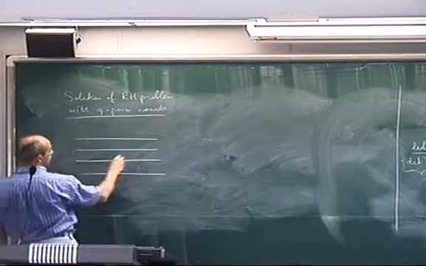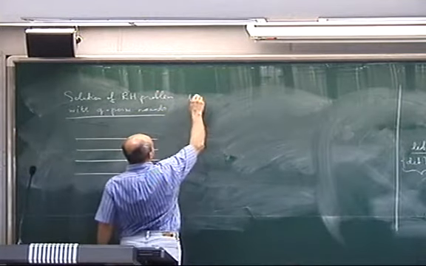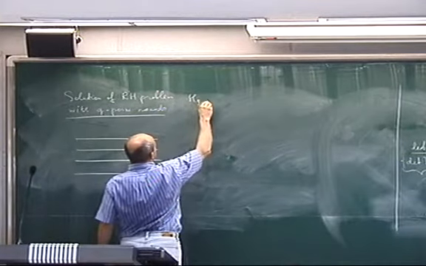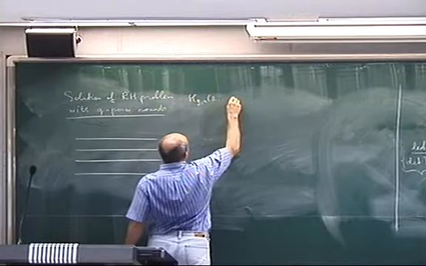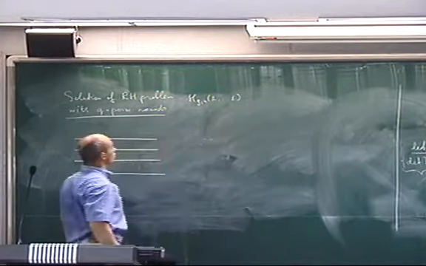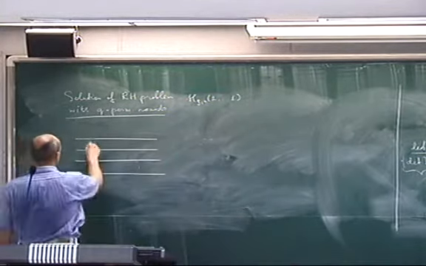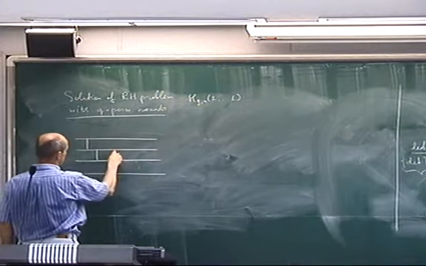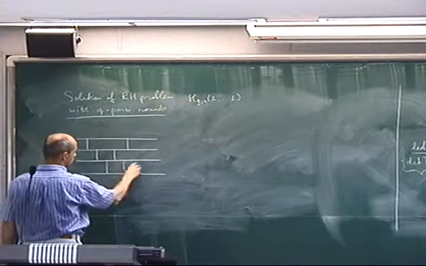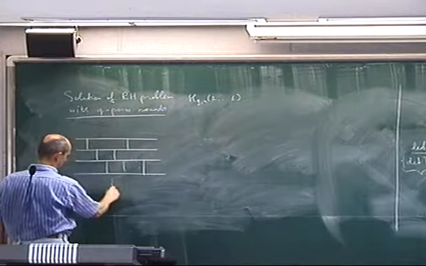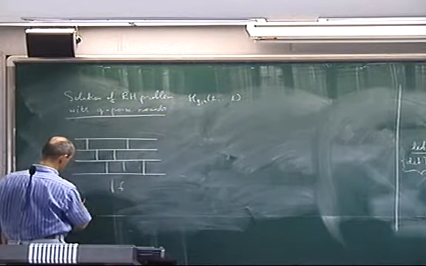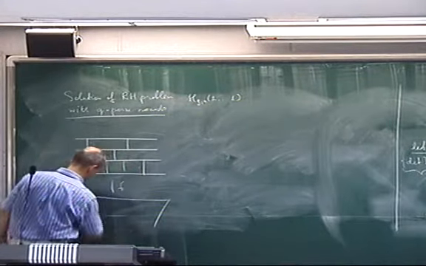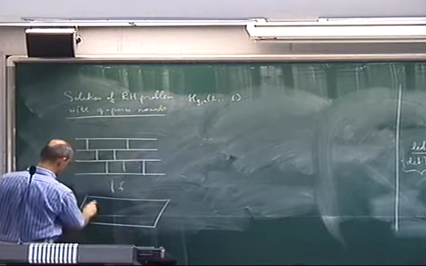So let's take the Hurwitz space for simplicity H_{g,N}(1,...,1). All poles have multiplicity 1. And I have a bunch of branch points. I have my function f. And I have some base here, the z-plane.